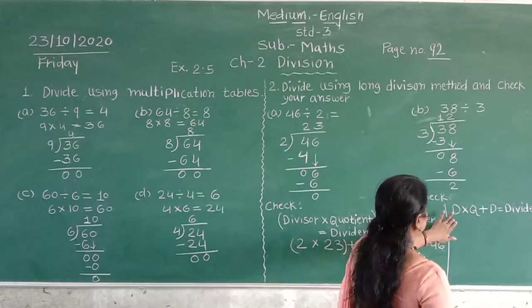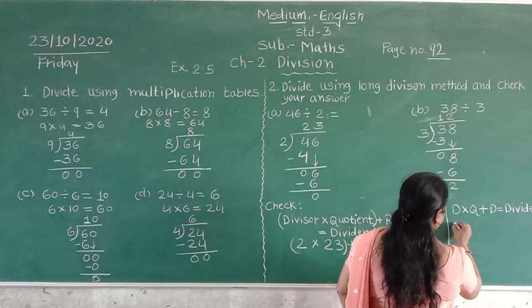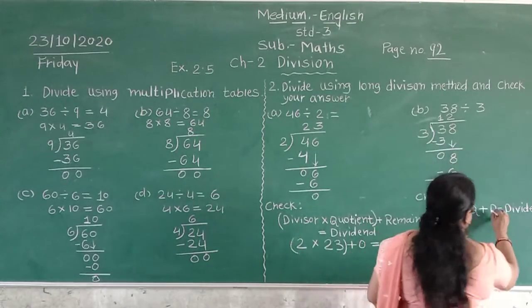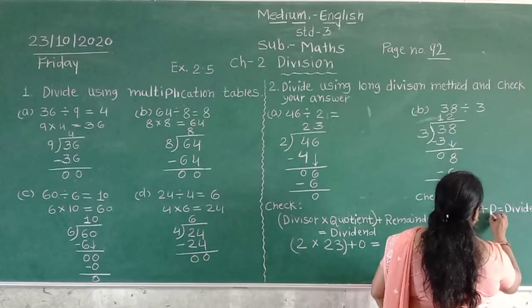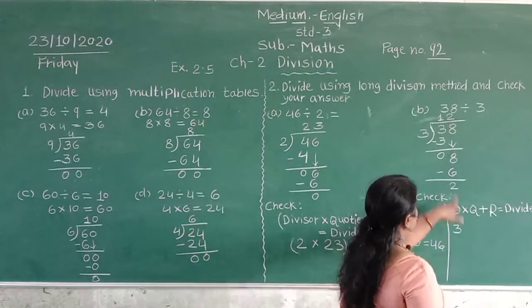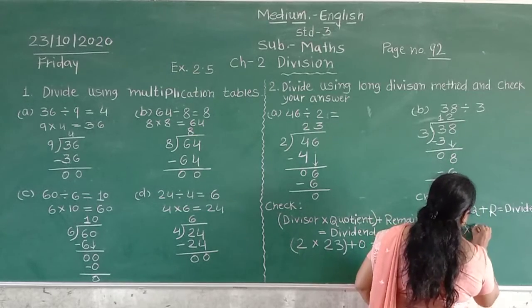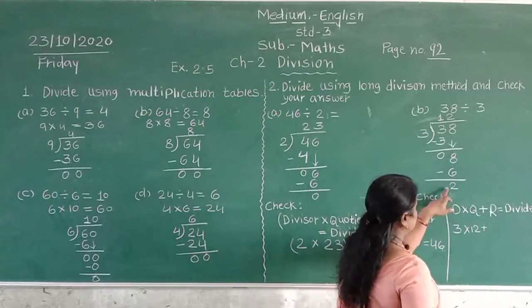Now divisor 3 and quotient 12 plus remainder.